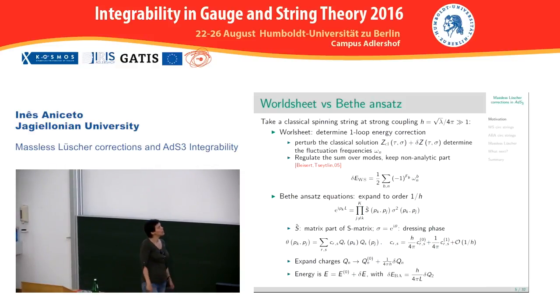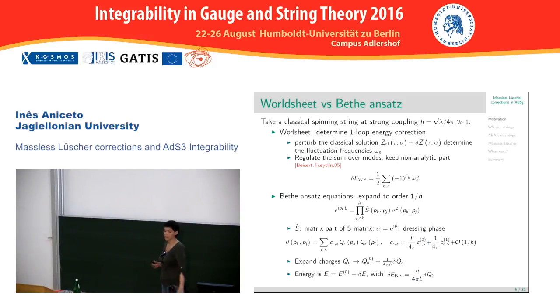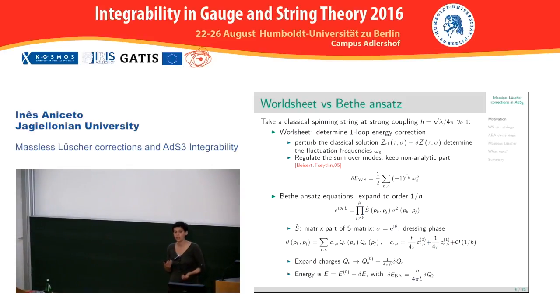In terms of comparisons between the worldsheet and Bethe ansatz, we take the case of a classical spinning string at strong coupling. And from the worldsheet, we can determine the one loop energy correction. What we do is perturb the solution by some mode fluctuations, and determine the frequencies of those fluctuations, and then to determine the one loop correction, you basically sum over the frequencies.